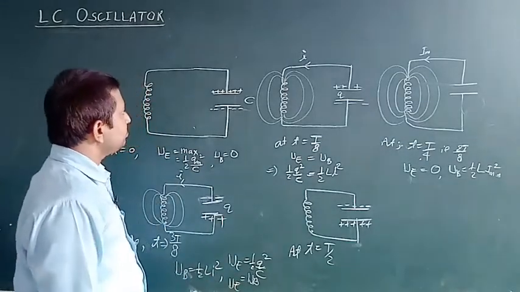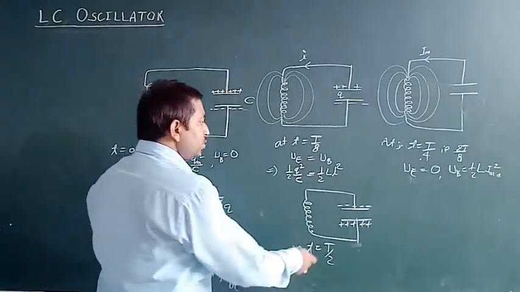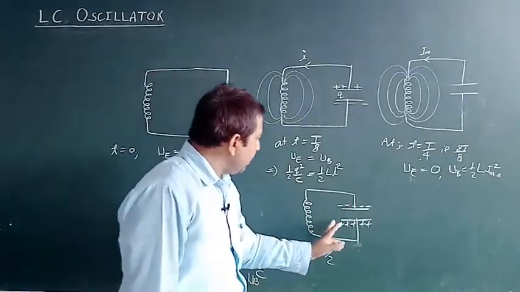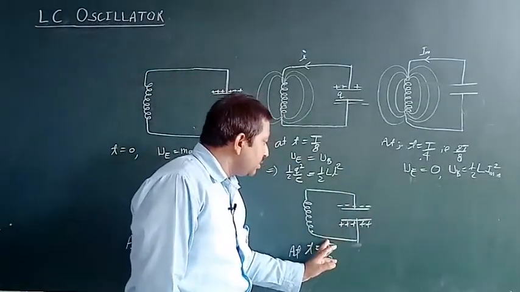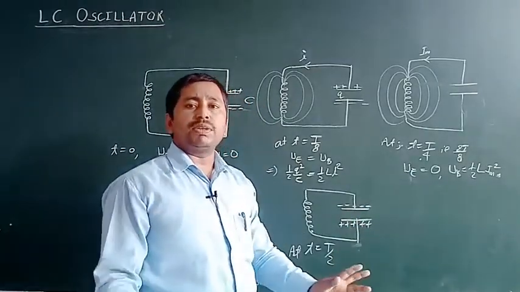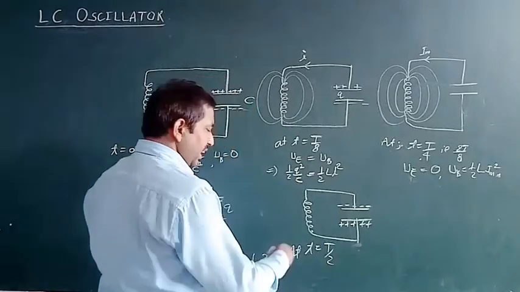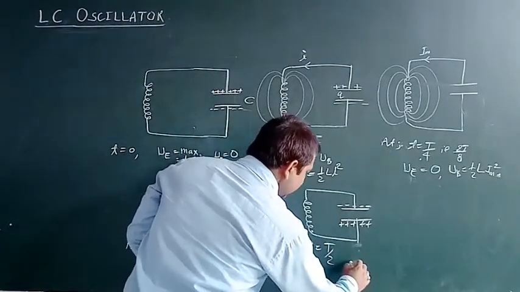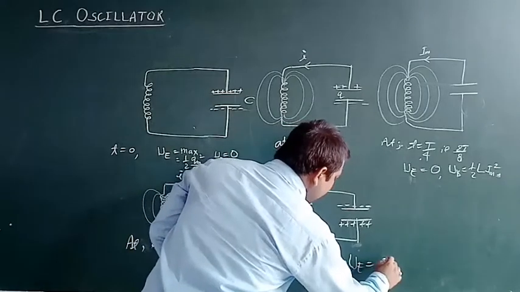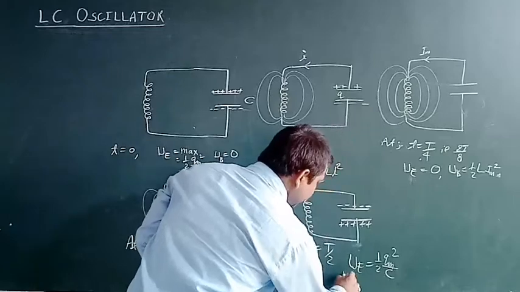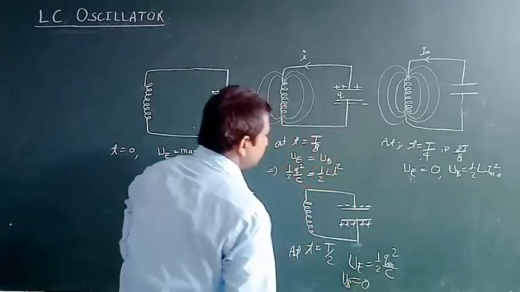It means there is no current flowing through the circuit because at that time the capacitor is fully charged. So the capacitor blocks all current flowing through itself. In this case UE becomes maximum, that is half of Qm square by C, and UB again becomes 0.